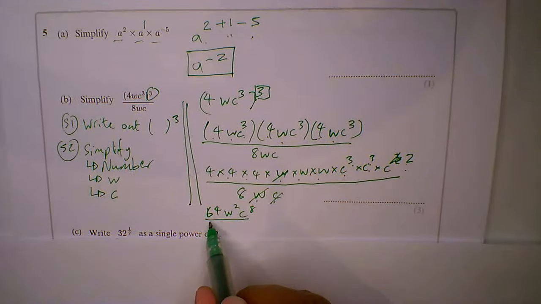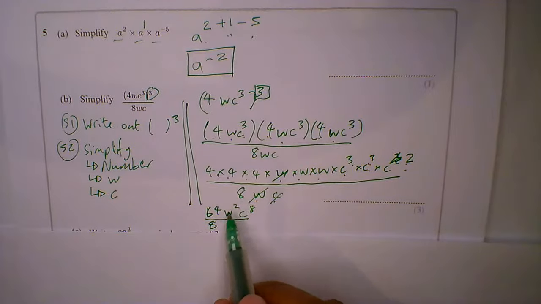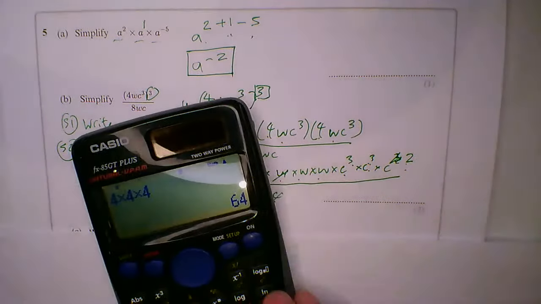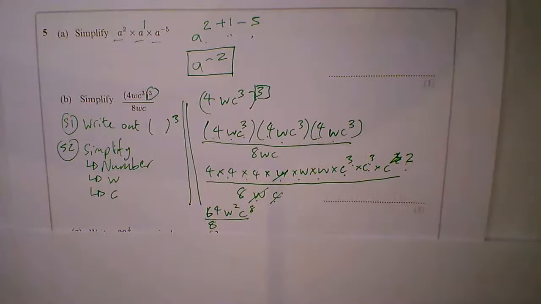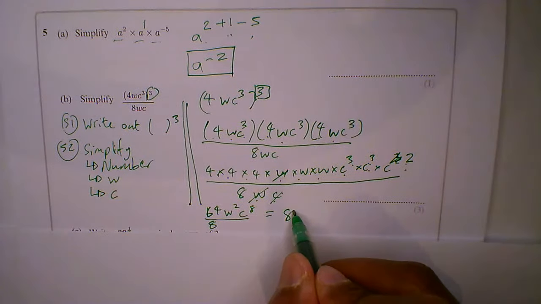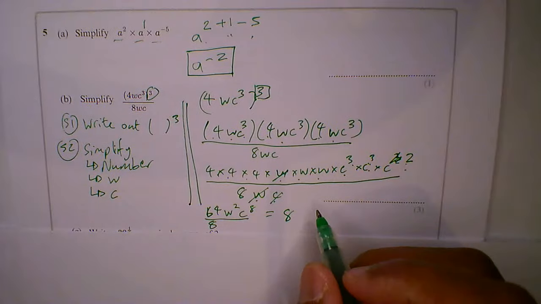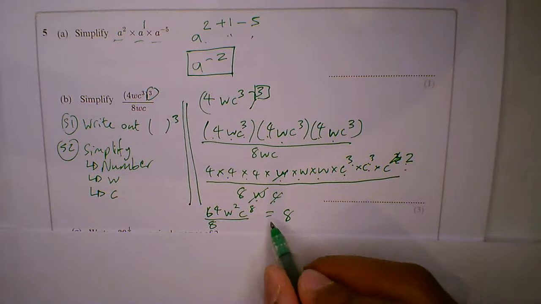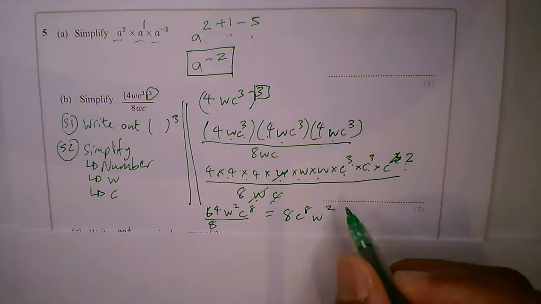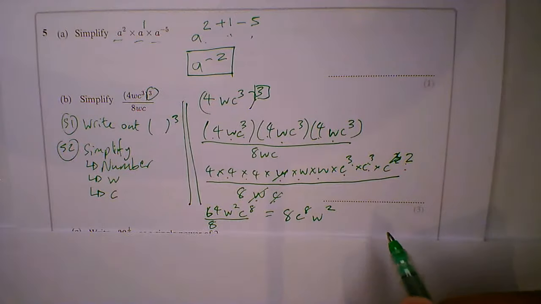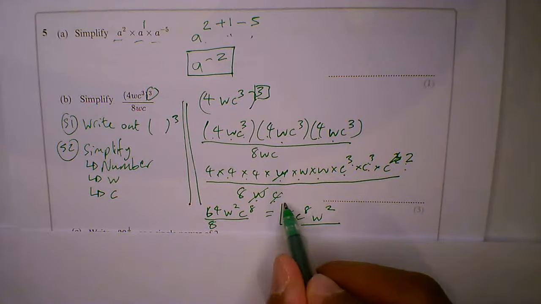And I've got that 8 left at the bottom, so I can cancel that out. 64 divided by 8 is 8. So this is now 8 c to the power 8 w squared. And that is my final answer.